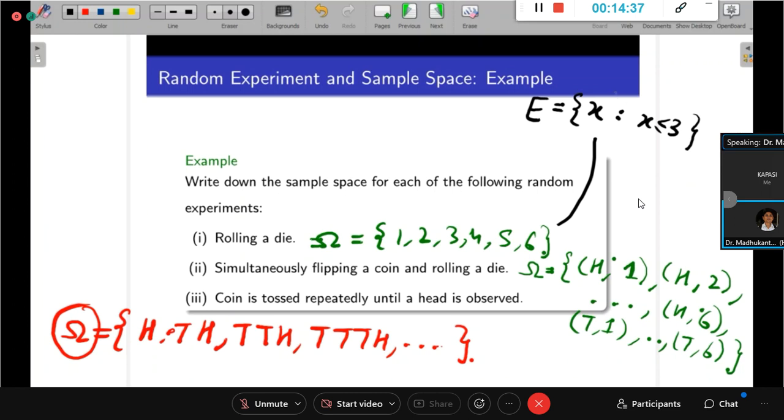That is, x belongs to omega such that x is less than or equal to 3. So E is the event {1, 2, 3}. Any one of them, if it comes, this event has occurred. Likewise, you can define as many events as you like. It's an example.